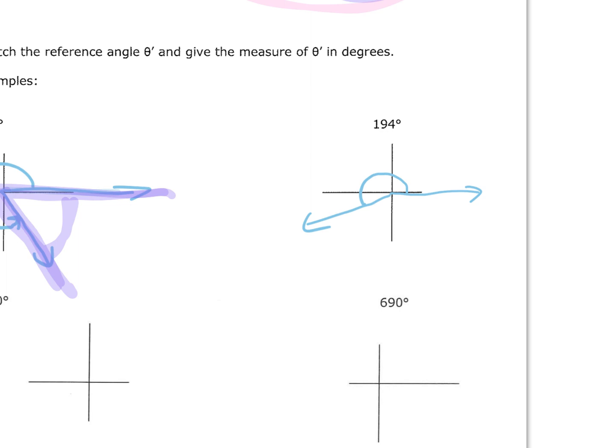The reference angle is the angle that we create from the terminal side and the x-axis, so it's this angle right here. If we're in quadrant 3, we do the angle minus 180, so 194 minus 180. So the reference angle is 14 degrees.